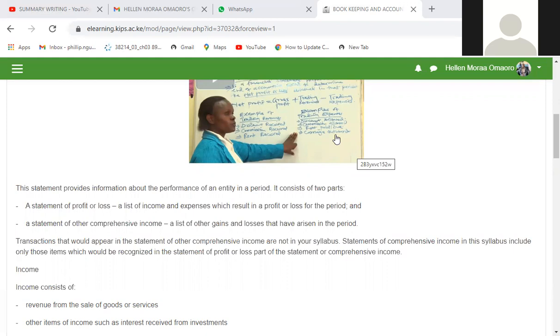Okay, because you have gone to the market on behalf of the business, then that's a trading expense. That one now we call traveling, or you can call it transport. Okay?